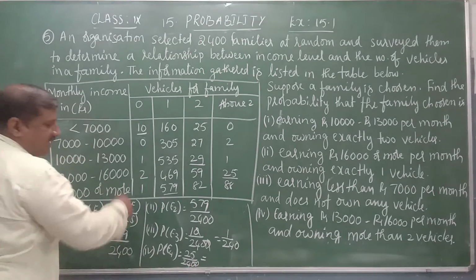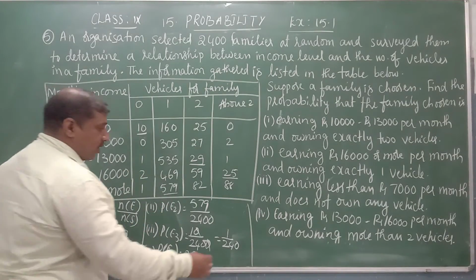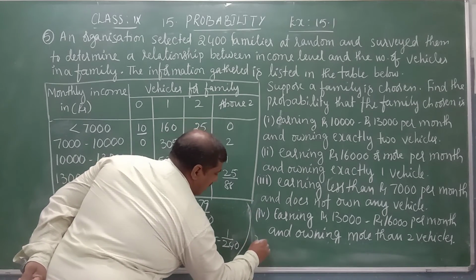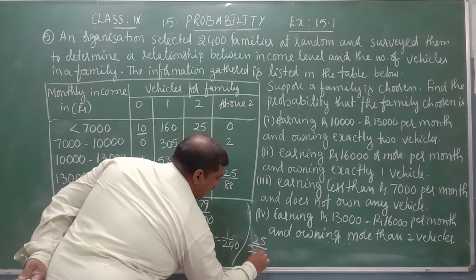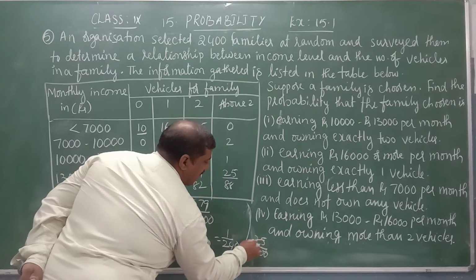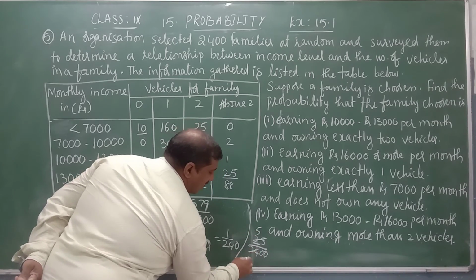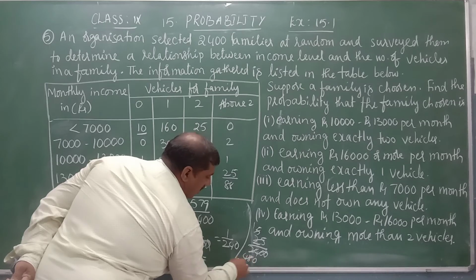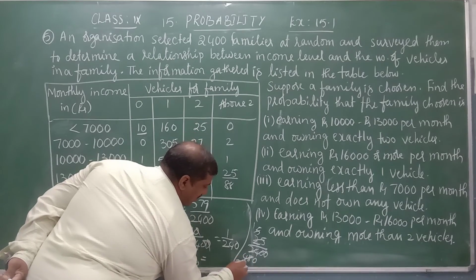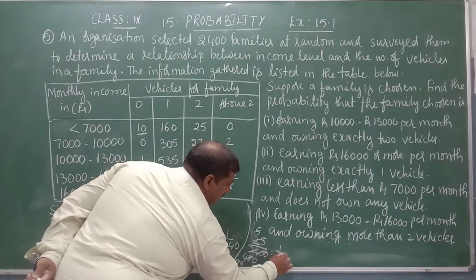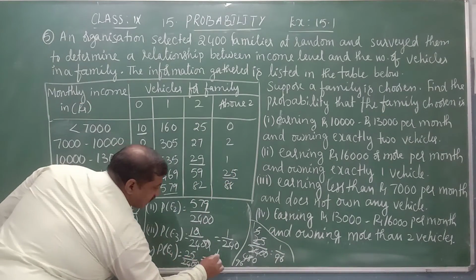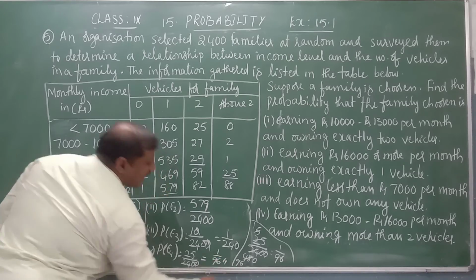By simplifying, 5 5s are 25, 5 4s are 20, 5 8s are 40, 5 zeros are 0, and 5 1s are 5, 5 9s are 45, 5 6s are 30. So we get 1 by 96. This probability is 1 by 96.